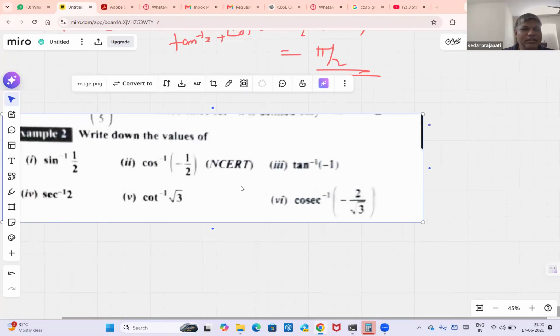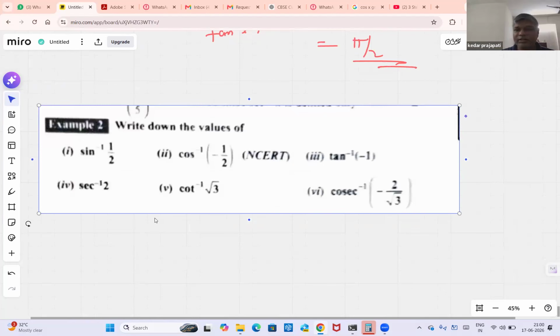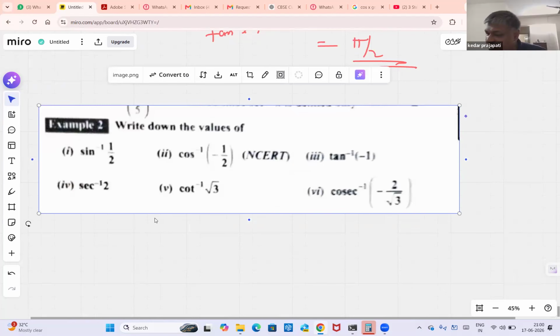So what I'm saying is, a one marker question will come from principal value and these theorems, or sometimes 3 markers also. So we'll solve this, and before that, I'll solve this question which came last year.